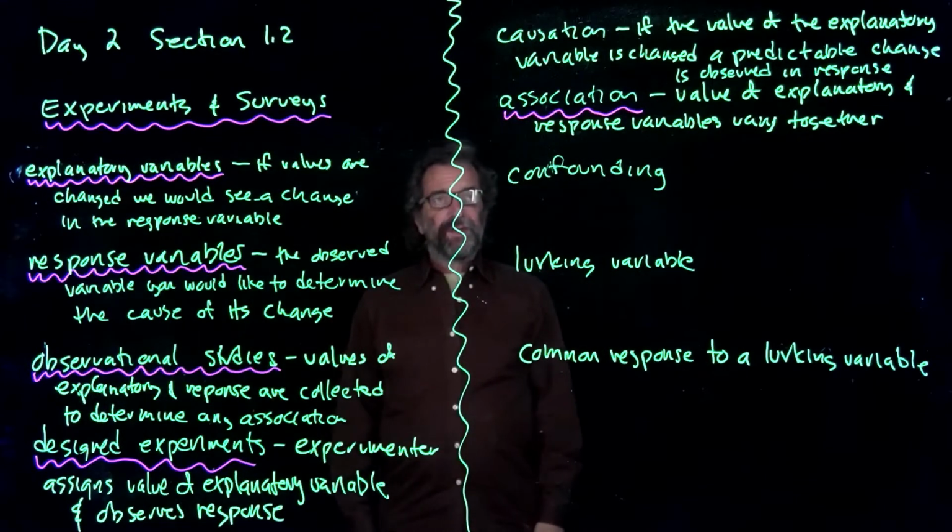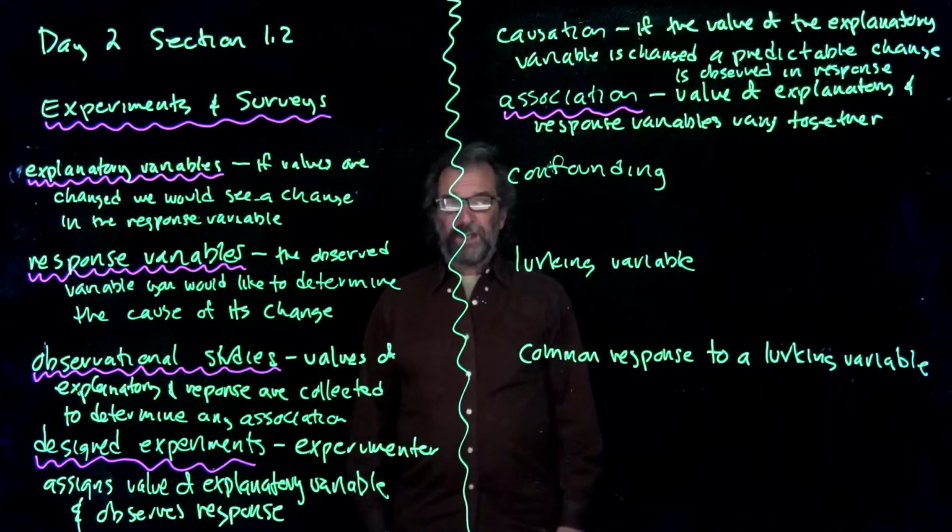So that says if you, as the experimenter, go ahead and change the value of the explanatory variable and causation is present, then changing that variable is going to change the response variable.